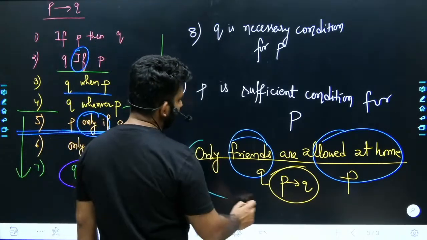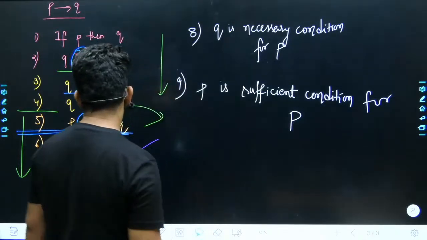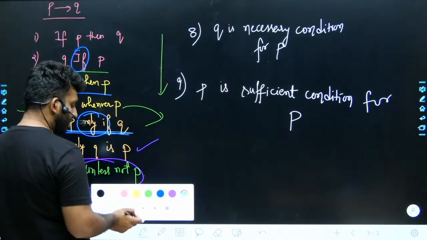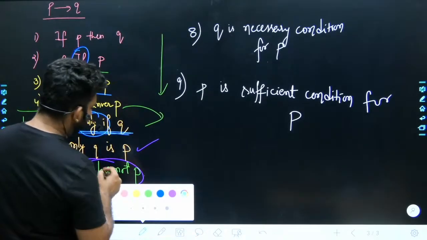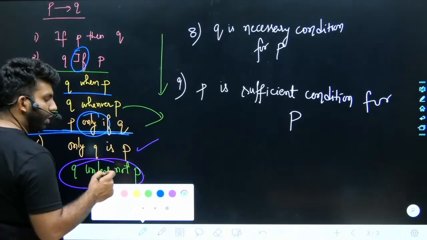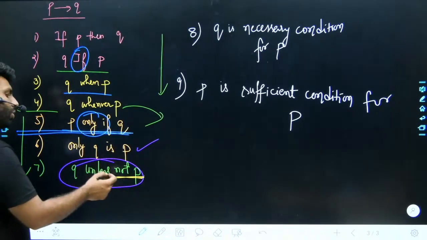Okay, along with that, let me remove this. Let's understand. Q unless not P. It is quite interesting. Unless by default involves not with itself.